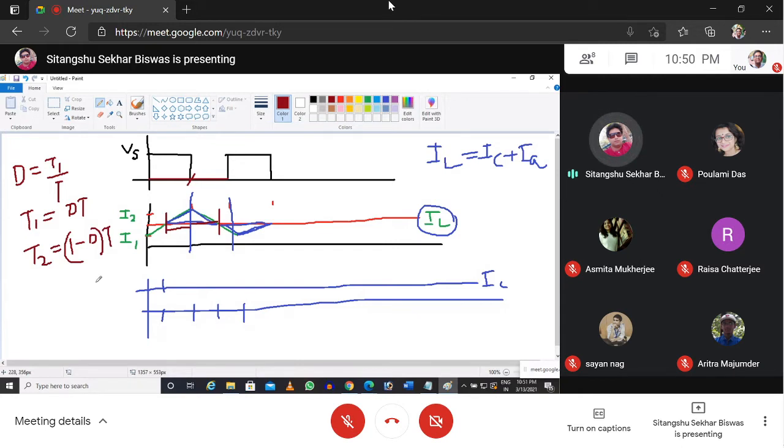So the duration in which the capacitor is getting charged is T1 by 2 plus T2 by 2.